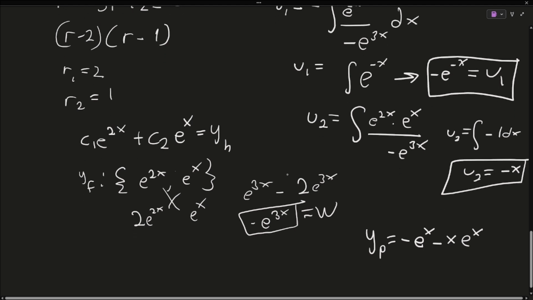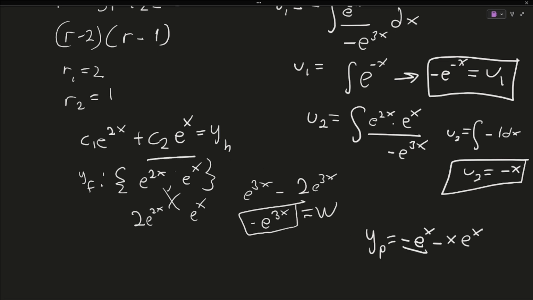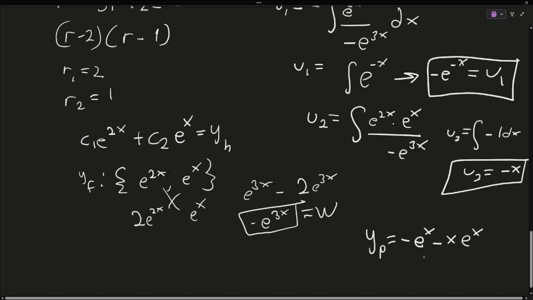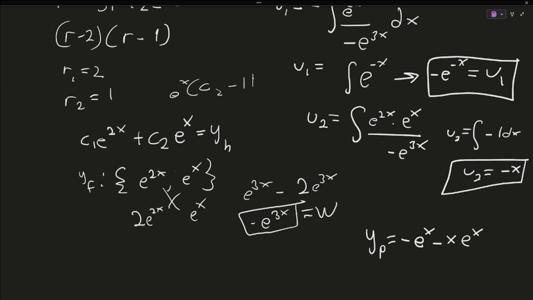And now we want to combine this with our homogeneous solution. However, guys, notice that we have a negative e to the x here and a c2 e to the x here. So we don't have to write this because this will get absorbed into this. We will have e to the x times parentheses c2 minus 1, just like this. And that's actually another constant, so we don't have to actually write this term.